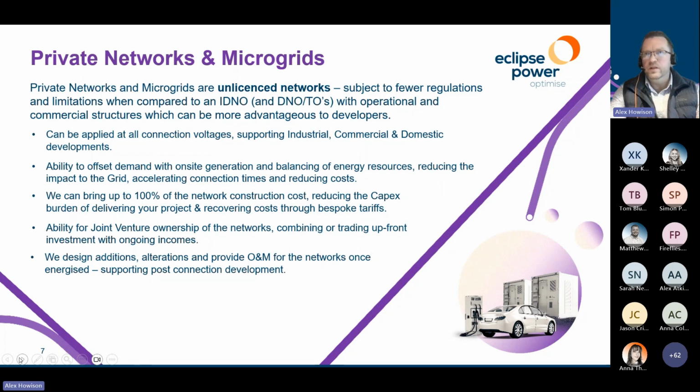We can bring the investment needed to build out the network behind the point of connection, whether that includes substations, cabling, and all of the nuts and bolts that go with them, and recover that cost over the course of the network life. So there is the opportunity to significantly reduce the capex required for a developer in the whole build by extracting that electrical element and us covering that off.